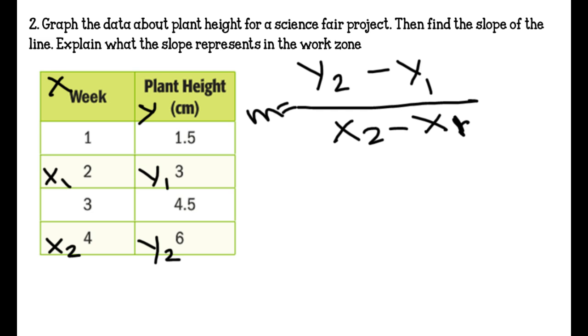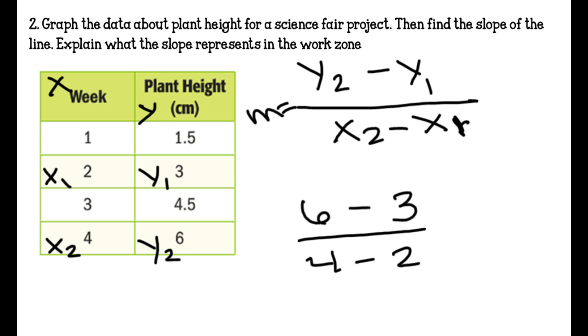So I put my Y2 in, I take my Y1 out, I put my X2 in, take my X1 out, divide them in the middle, putting them at the start. That's what slope's all about. So I do 6 minus 3 is 3, and 4 minus 2 is 2. So I get 3 halves.